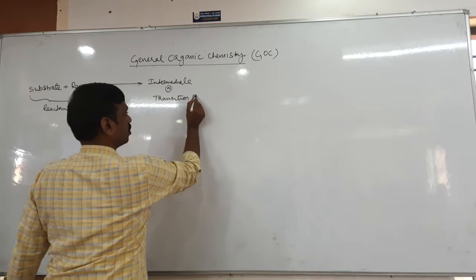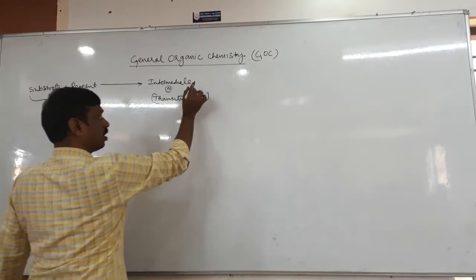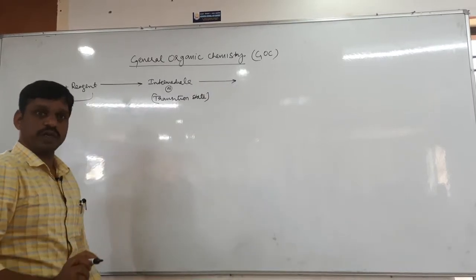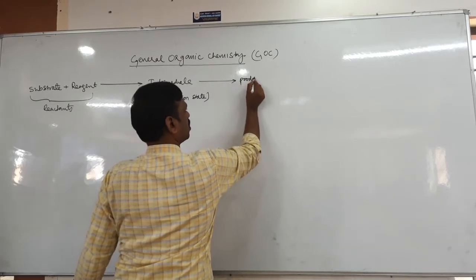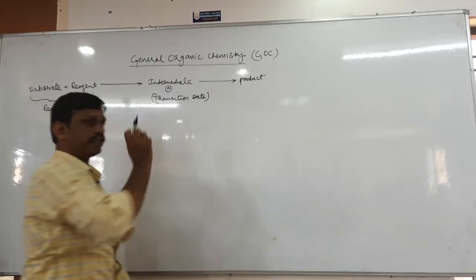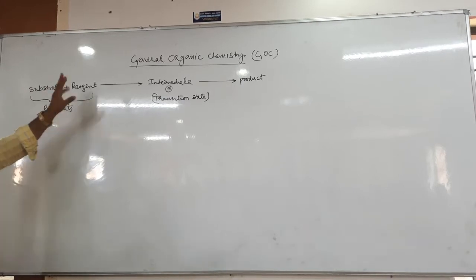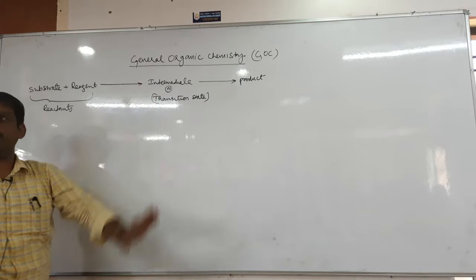The intermediate is unstable, and the transition state is also unstable, and it finally gives the product. This is the sequence of an organic reaction.